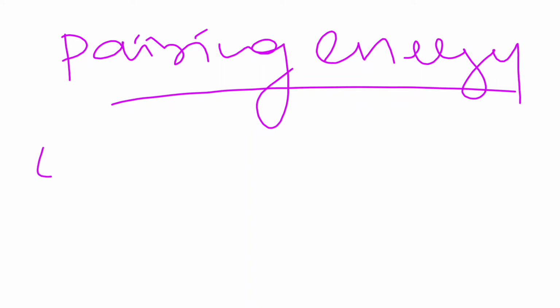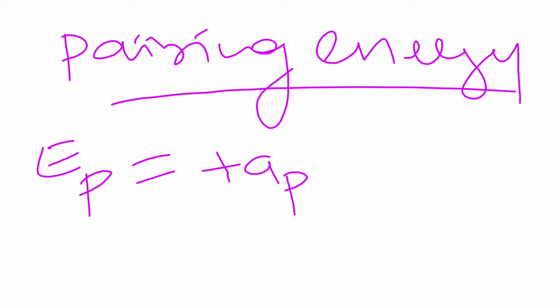This can be written as E_P, the pairing energy, equals plus or minus the pairing coefficient times A power minus 3 by 4.